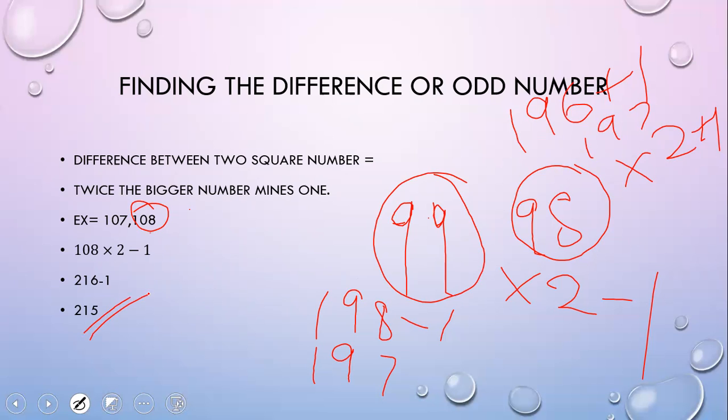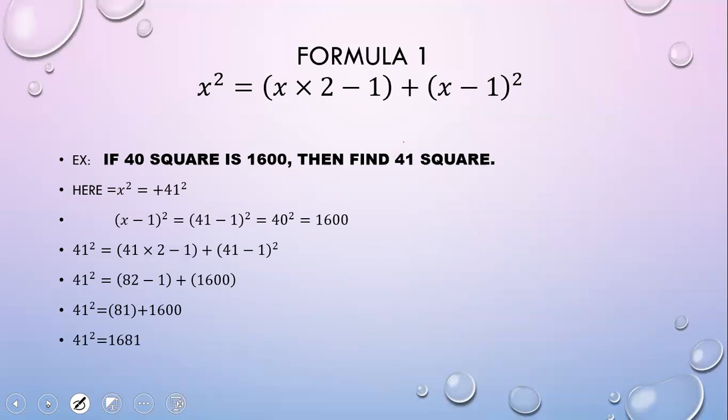And so let's go to our formula. How will the formula work? So our first formula here is to find the square of the greater number. We have the equation x squared is equals to x into 2 minus 1 plus x minus 1 whole square. So today's example is, if 40 square is 1600, then find 41 square.